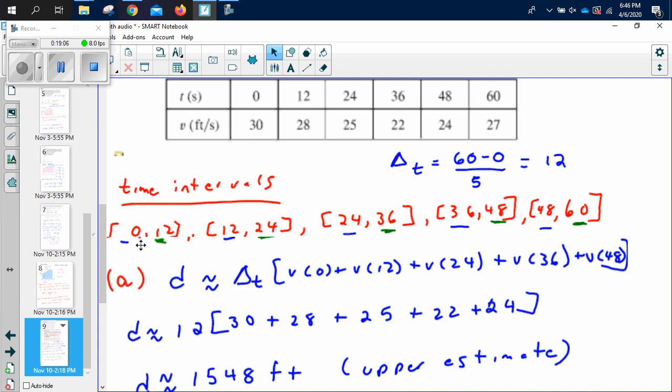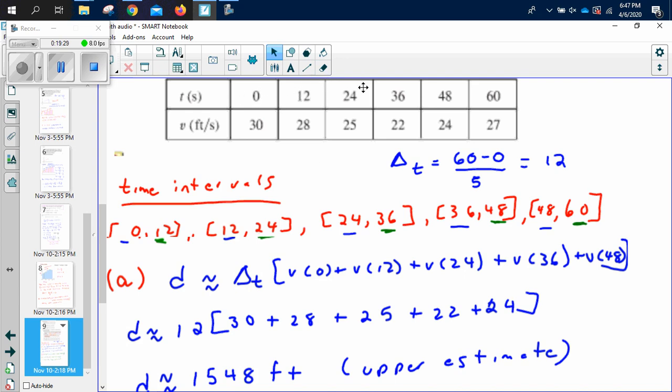So my time intervals, 1, 2, 3, 4, 5, I've got 5 time intervals. That's what n represents, the number of time intervals. They would go from 0 to 12, from 12 to 24, from 24 to 36, from 36 to 48, and 48 to 60. We can also see that delta t is 12 because that's what you're adding to each time.